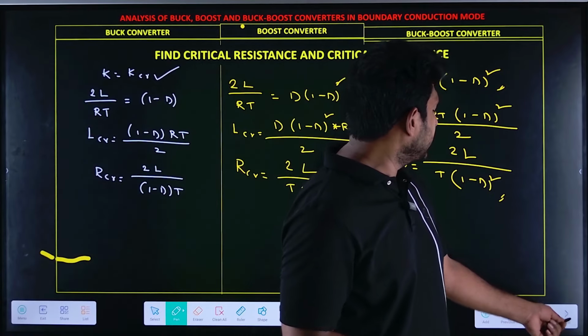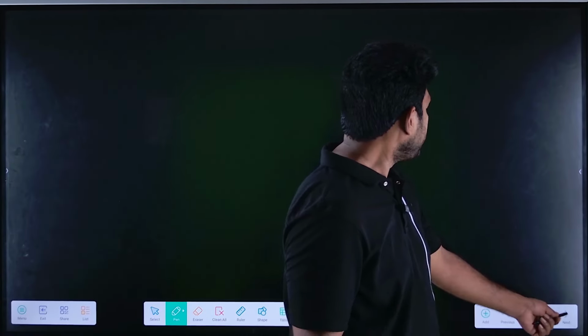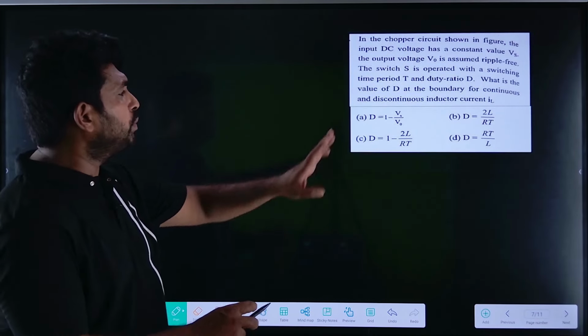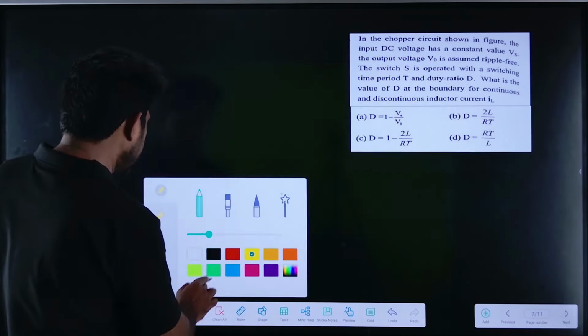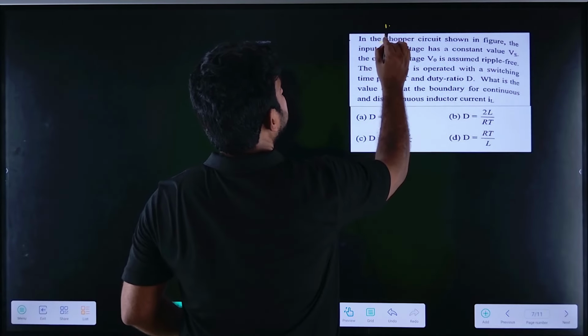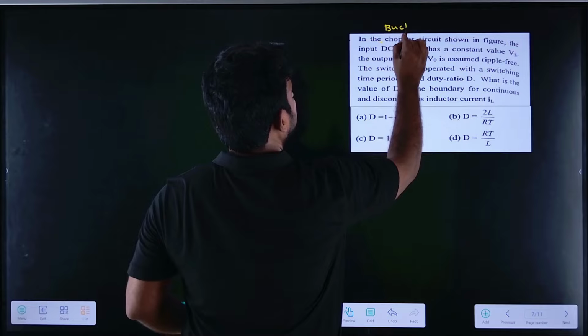Now let us take some problems. In a chopper circuit, assume that it is a buck converter, since it was not mentioned.